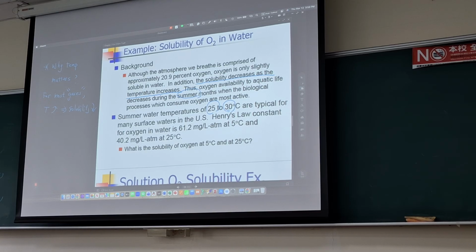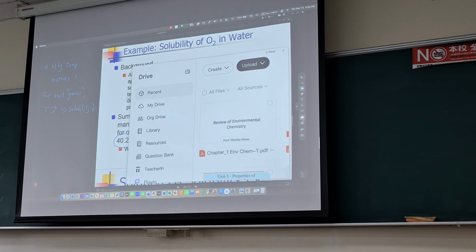Typically for many surface waters in the United States, the Henry's law constant for oxygen at 5 degrees Celsius is 61.2, and it lowers to 40.2 when the temperature increases to 25 degrees Celsius. So this question asks us to calculate the solubilities of oxygen at 5 and 25 degrees Celsius. It's super easy. I will give you 1 minute for this.